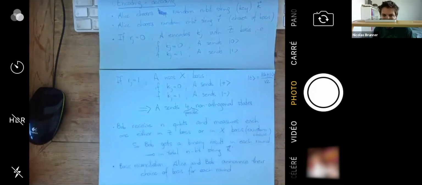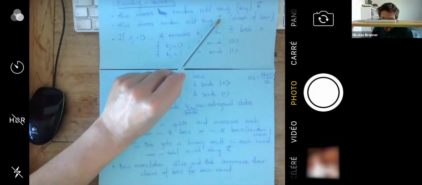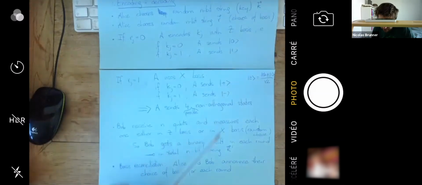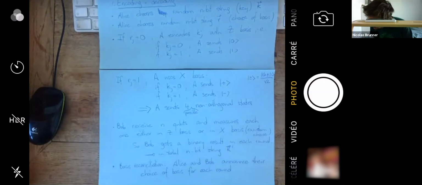So if you want, Alice will announce this vector R here, and Bob could just answer by saying yes or no, whether he chose the same basis or not.